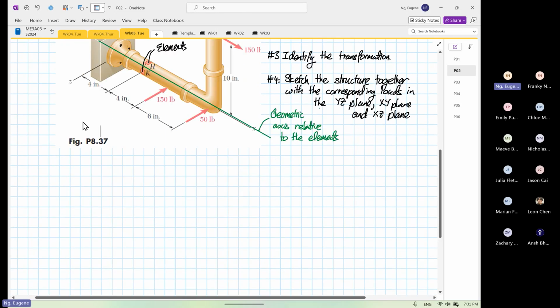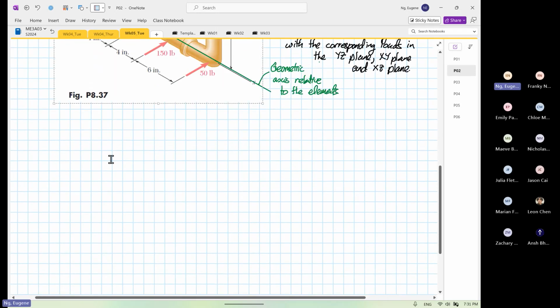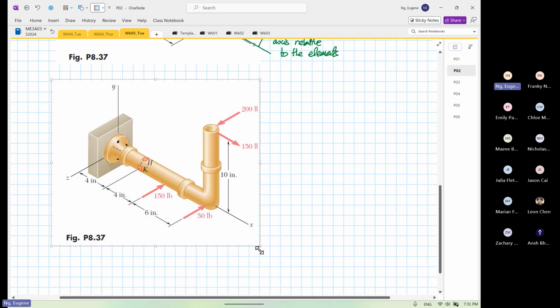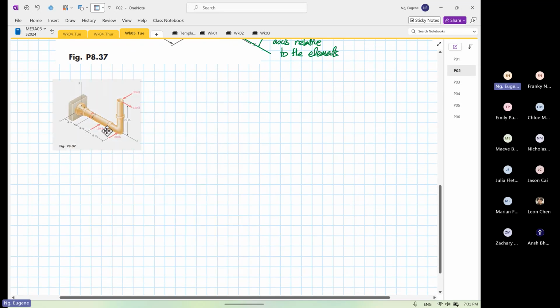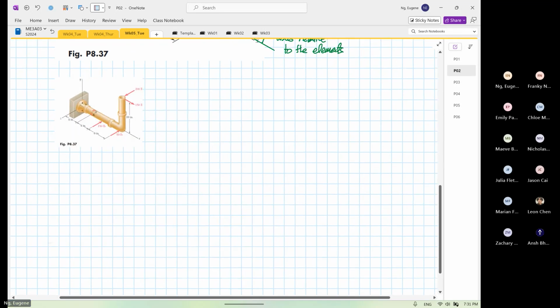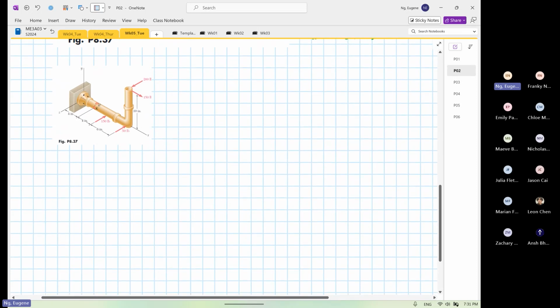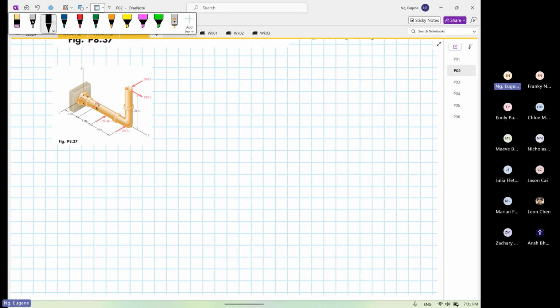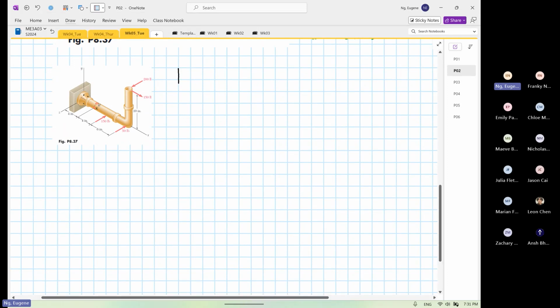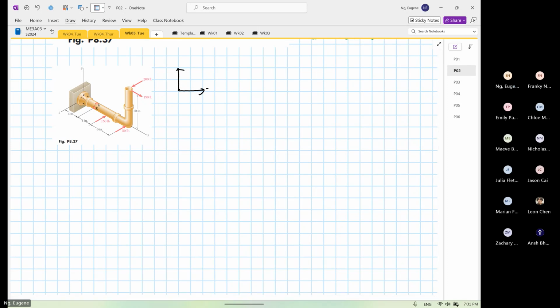I'm going to copy this so I don't need to go up and down too often. What we are going to do is the XY plane. You draw your axes, so this is your X and this is your Y. Now we are not going to sketch the isometric view. We're just going to sketch the 2D view, just a rough sketch.